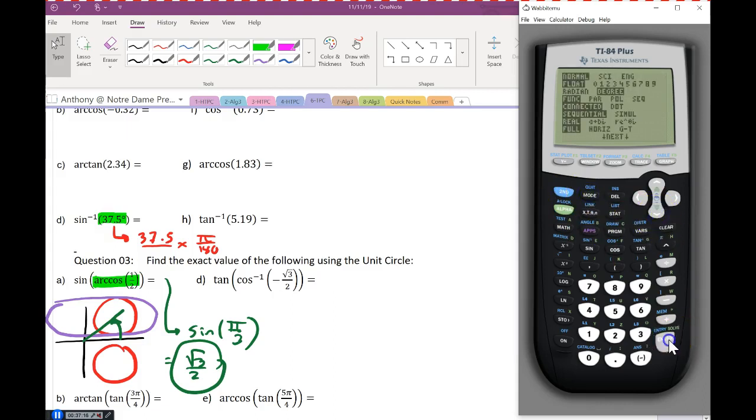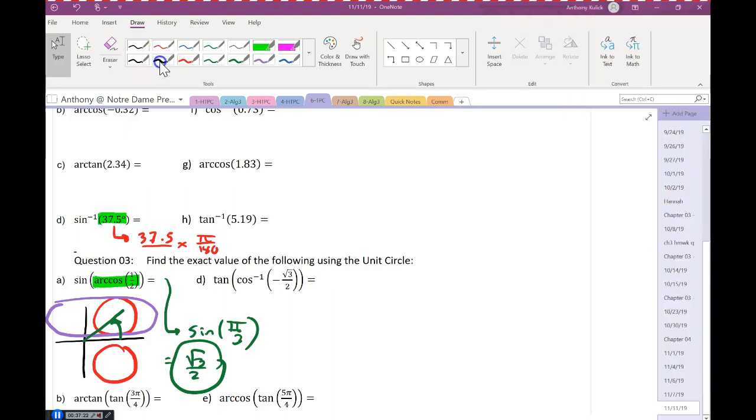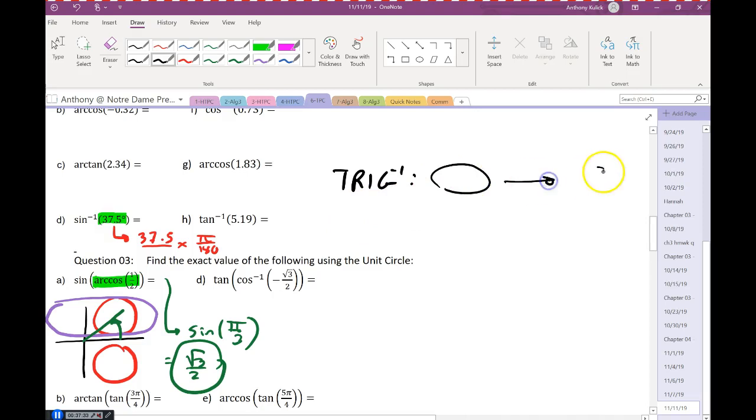Okay. So let's talk about this one. Why is this giving us an error? So if we have one of these inverse trig functions, these are mapping from what to what? So this is a mapping that sends some kind of things to some other things, right?